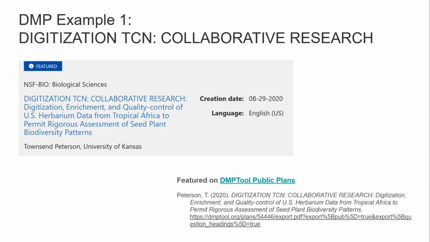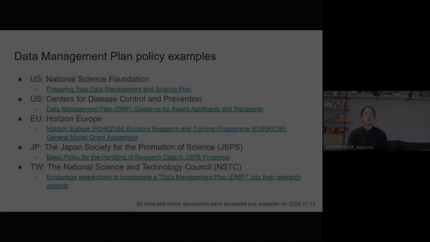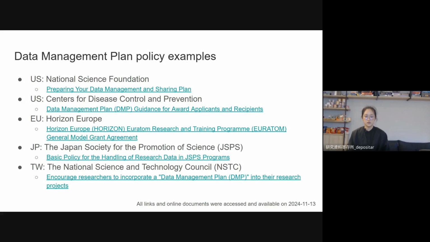These are the 2 examples shown in the video. Data management plans are not just a concept, they are also being practiced in many different countries, like the US National Science Foundation, US CDC, and in the European Union, there's Horizon Europe, and in Japan in recent years, the Japan Society for the Promotion of Science.